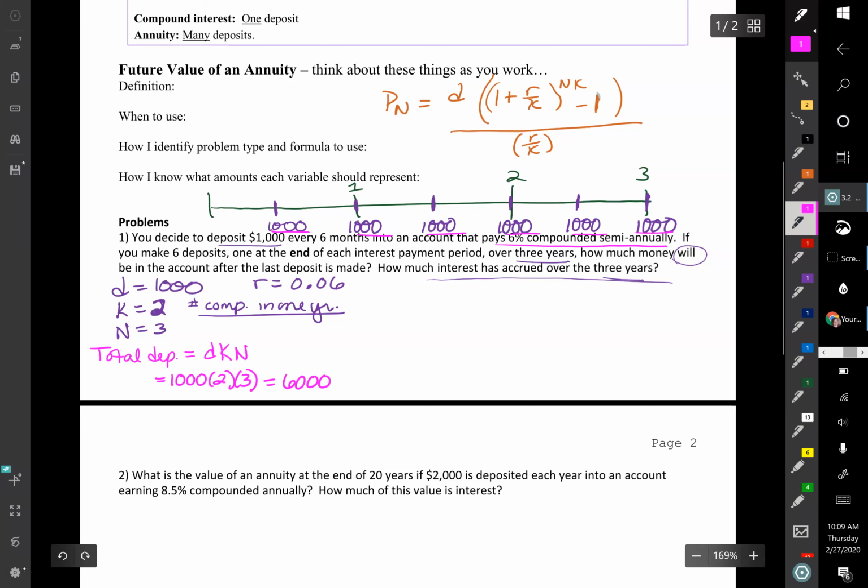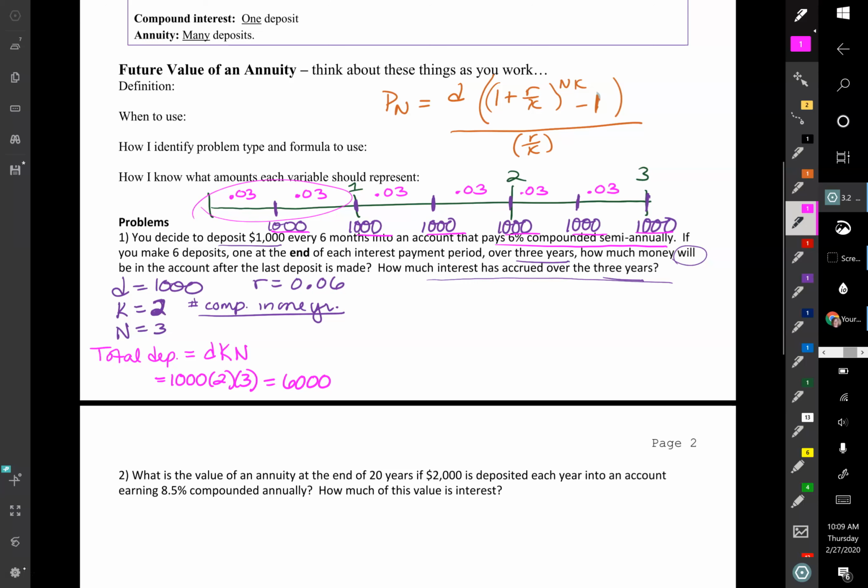Okay, so if we write that up here, that would be 0.06 divided by 2, which would be 0.03 for each of these periods. That's my periodic rate. So you might sometimes see it written like that too. And together in a year, they would add up to 0.06.